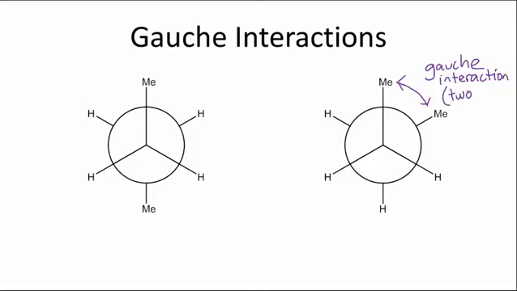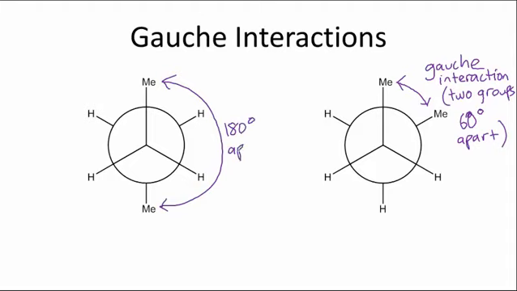That means two groups are 60 degrees apart. For butane, this other one where they're across from each other, we call that an anti conformation. When they're across from each other, we say it's an anti conformation. So when you hear the terms gauche and anti, that's what they're referring to.